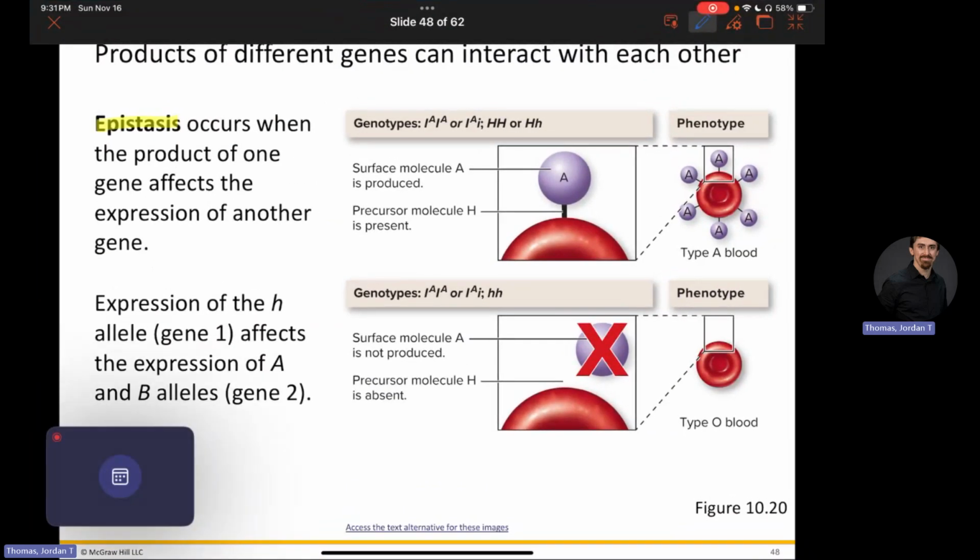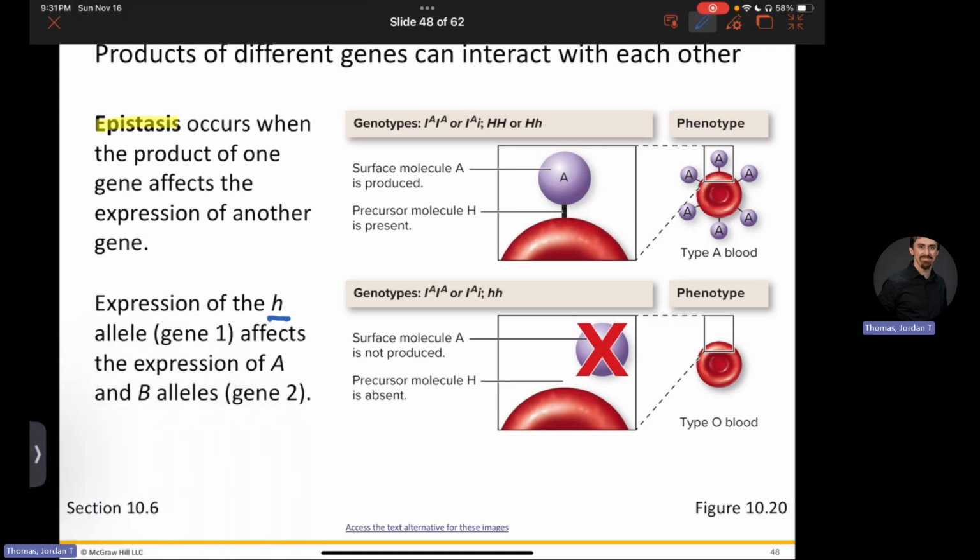With this, one gene can affect another gene. Epistasis occurs when the product of one gene affects the expression of another gene. Expression of the H allele, gene 1, affects the expression of the A and B alleles in gene 2, which is blood type.